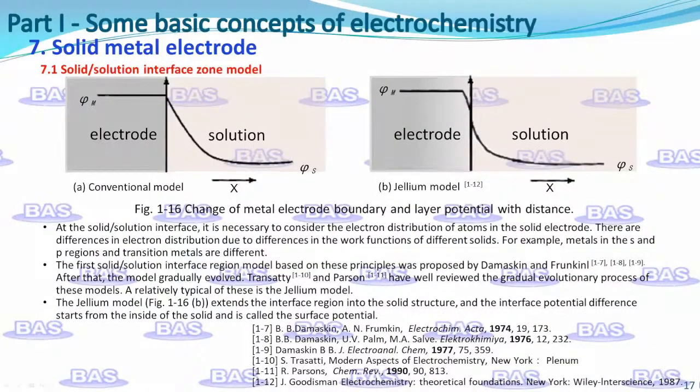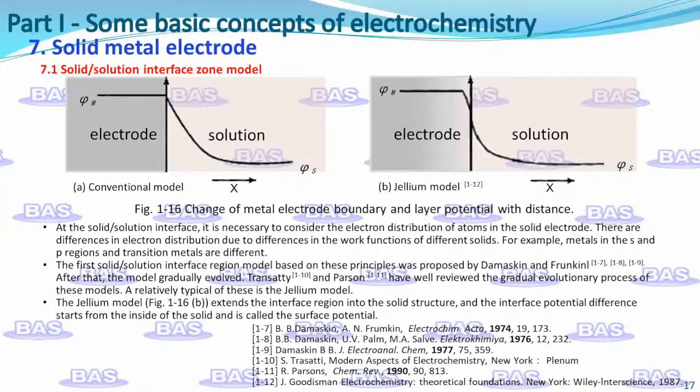The concept of the double layer is far from perfect, and the models we mentioned earlier mainly consider the role of electrostatic force. At the solid solution interface, we need to take into account the electron distribution of the atoms in the solid electrode. There is a difference in the electron distribution due to the different work functions of different solids.